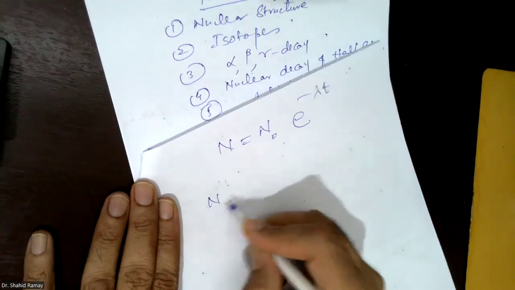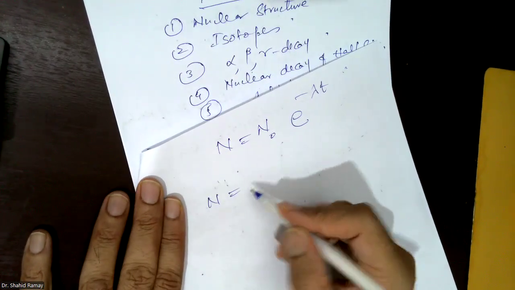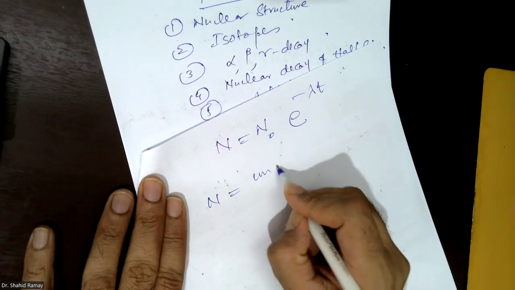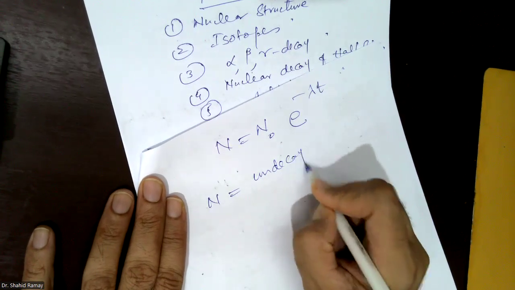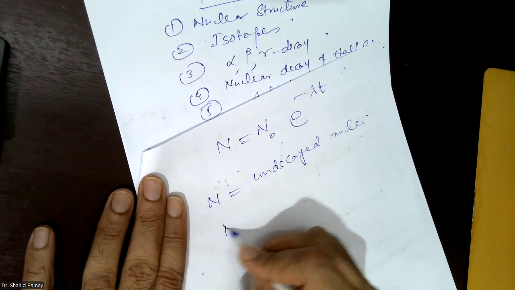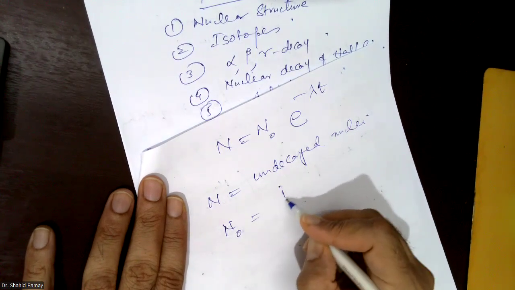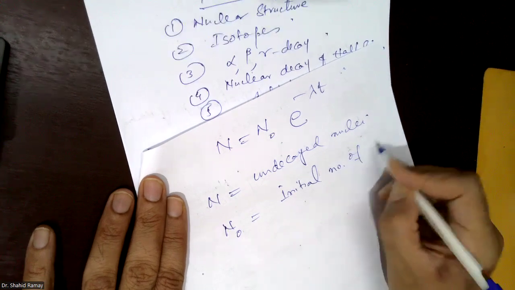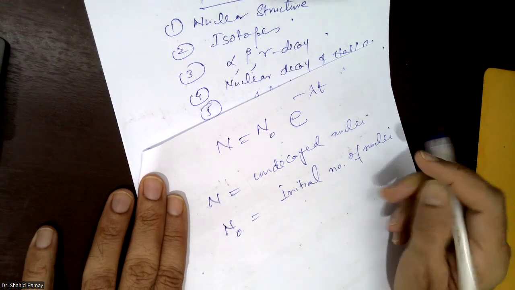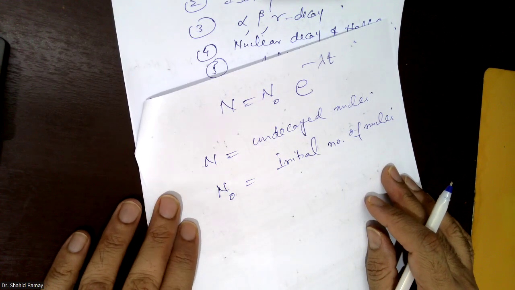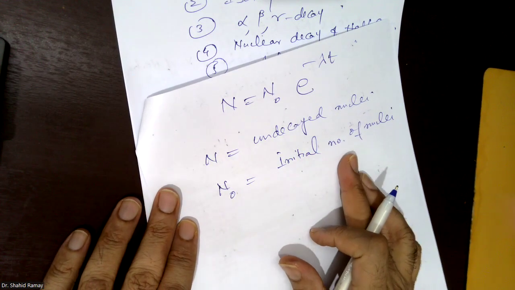Here N is called the number of nuclei left undecayed, meaning undecayed nuclei, and N naught is called the initial number of nuclei.